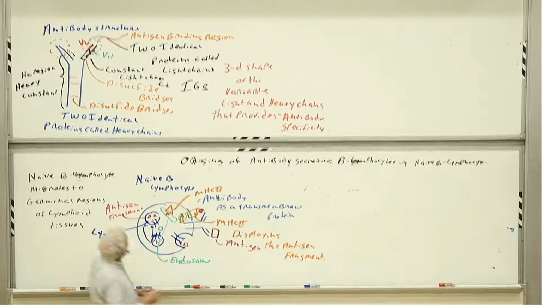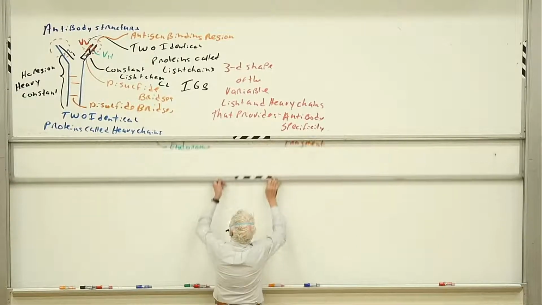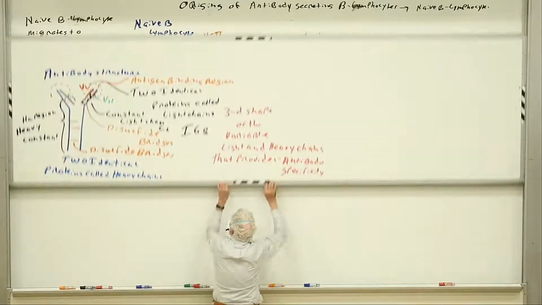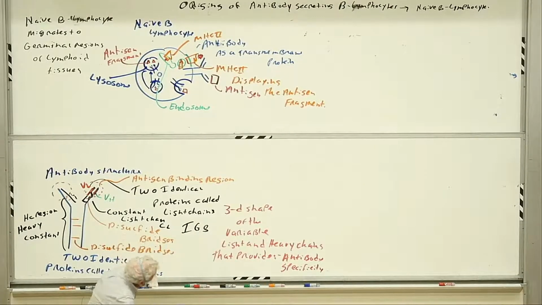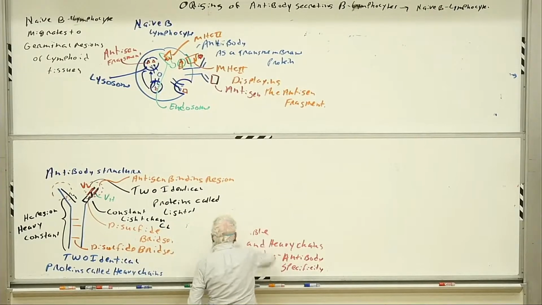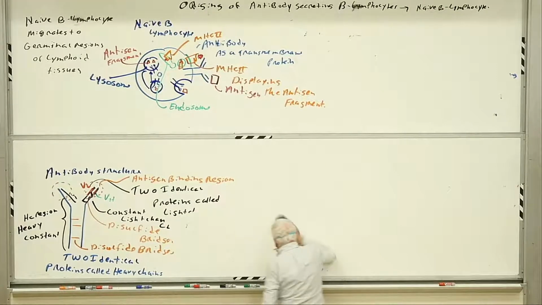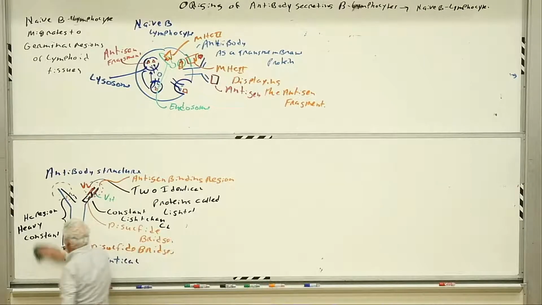And what we're going to see, I may as well go to the upper panel. Take this panel, and in this panel, we're going to label this as the role of the T helper cell in naive B cell proliferation. It's a mouthful.